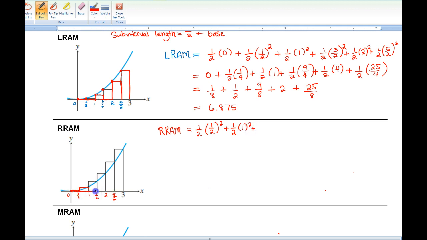And then we go from 1 to 3/2. So where 3/2 reaches on the curve is going to determine the height of that rectangle. Then it goes from 3/2 to 2, so we look at where 2 hits on the graph. That's going to determine the height of the next rectangle. 2 to 5/2. 5/2 is the right endpoint.